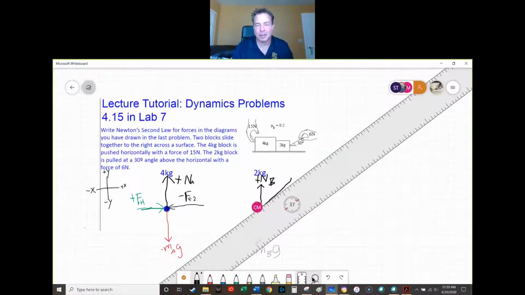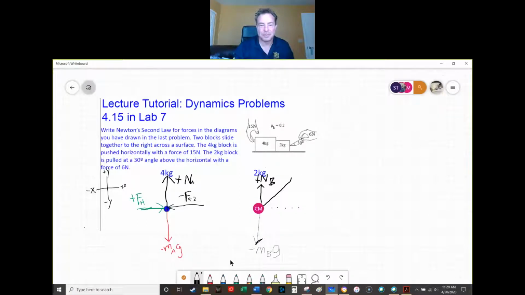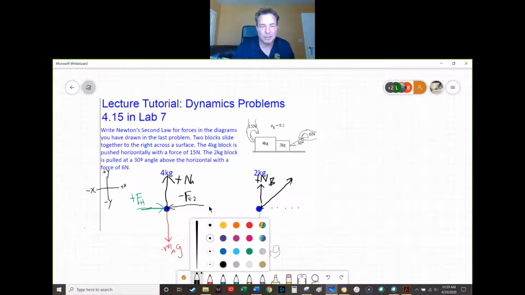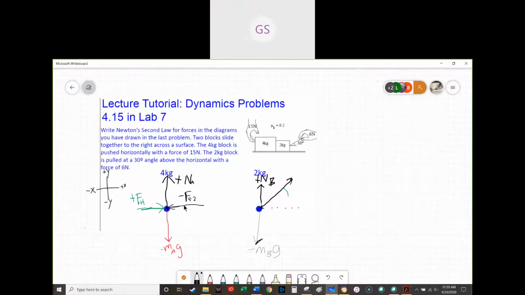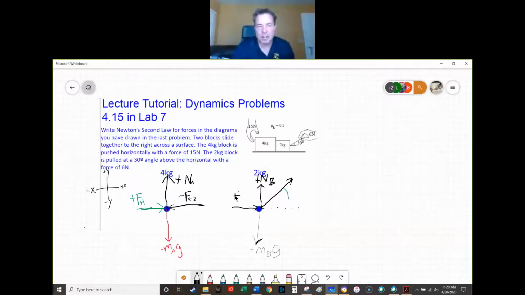There you go. The 4 kilogram block is pushing the 2 kilogram block to the right.